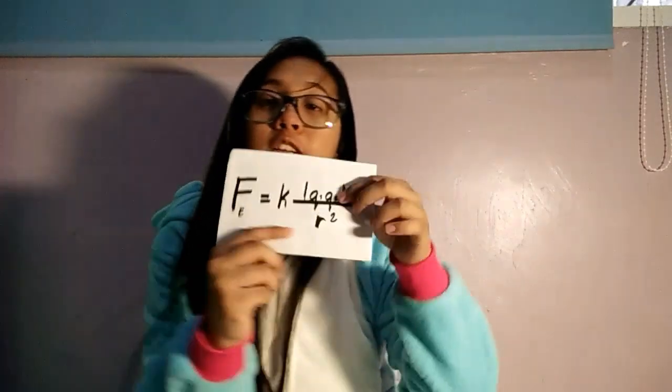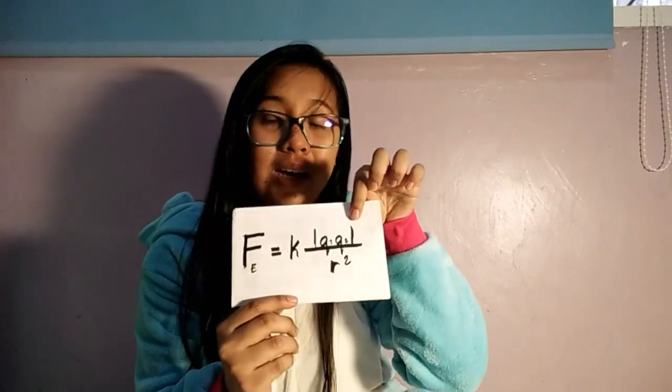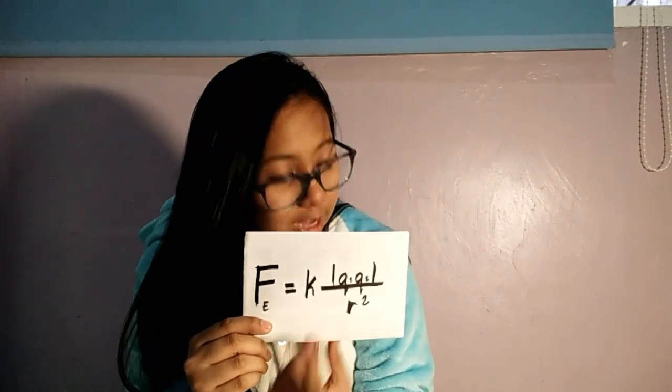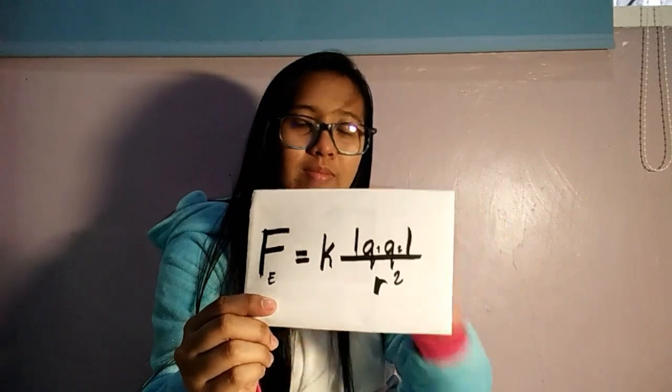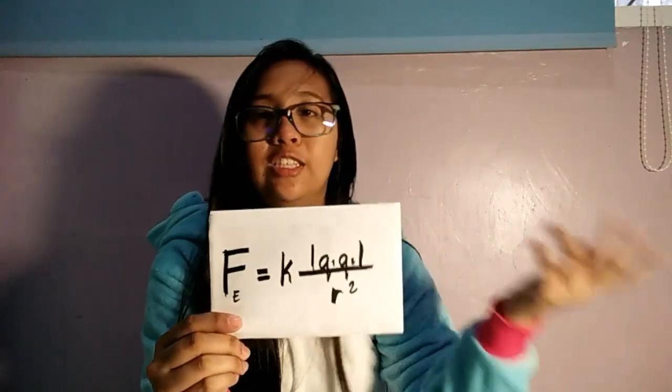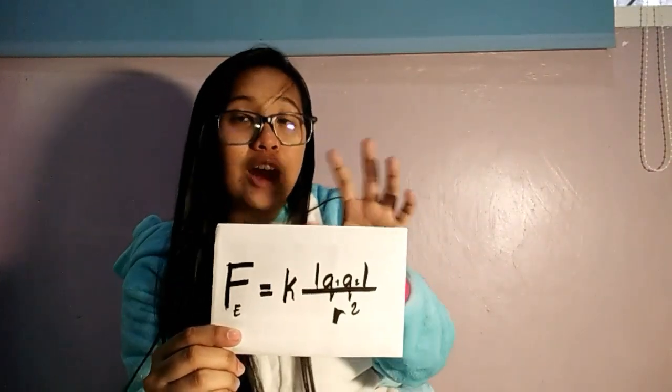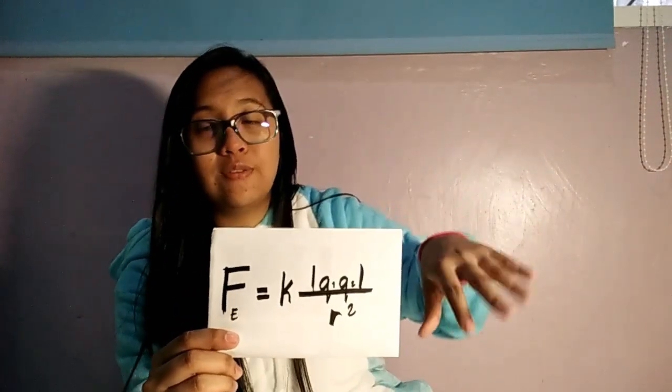the same kind of thing also happens in the law of gravitation. If you look at the book, they also have the formula for gravity, wherein you use not the charges anymore, but the mass. And there's also a specific constant to follow. They have the same pattern, but the only difference between the force of gravitation and the electric force is that electric force can be either attractive or repulsive depending on the charges.